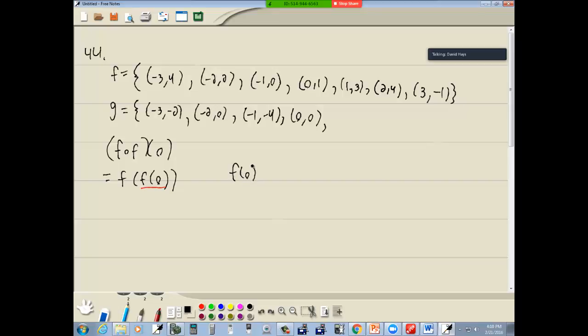So f of 0 over here, again, what's inside the parentheses is always your x, so telling us x is 0. So when we go and look, looks like that's 1. So then this gets replaced by 1. And then f of 1, where's 1 at? That'd be equal to 3. Oh, interesting.